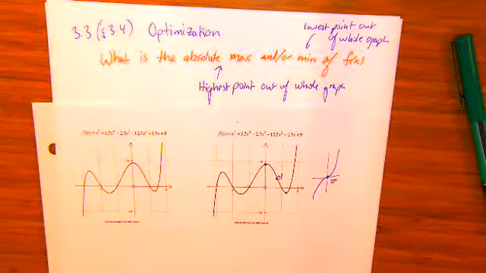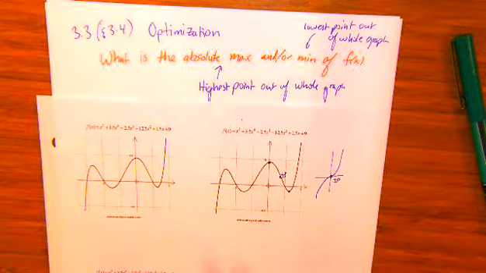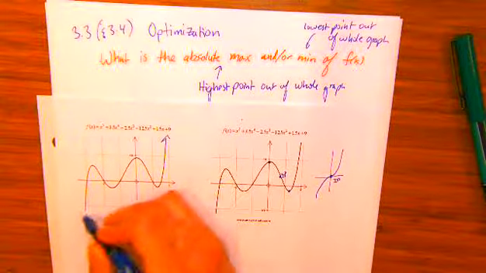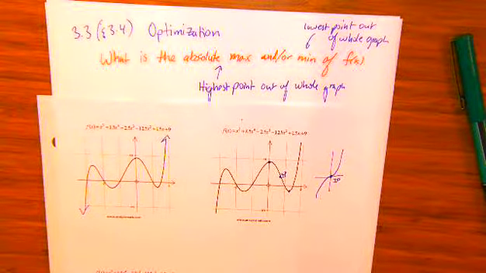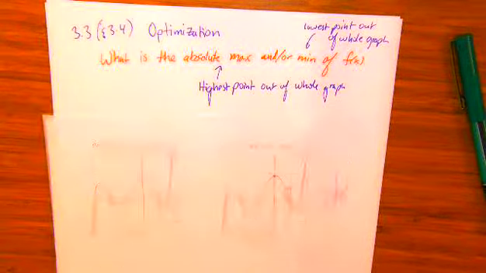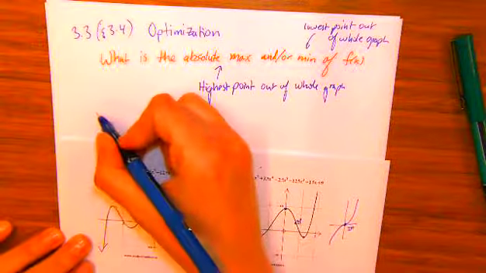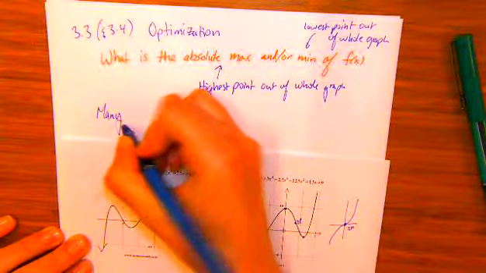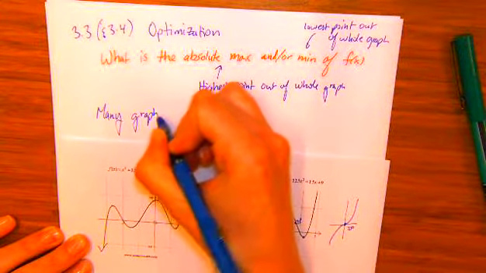In this example, do I have an absolute maximum? No, how come? Right, it goes to infinity on one side and minus infinity on another side. So a lot of graphs over the whole graph, they don't have an absolute max or min.